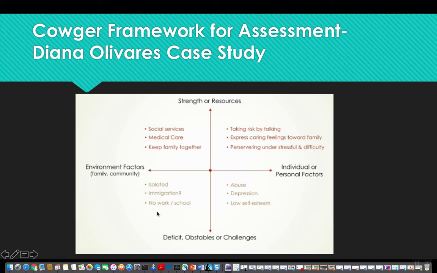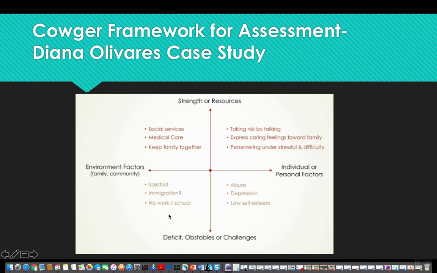Under quadrant three, with negative environmental factors, we see that she is experiencing isolation. We don't know whether she's an undocumented immigrant. That would be a negative factor in reporting domestic abuse. She doesn't have employment, and she did not graduate from high school, so she doesn't have a lot of job opportunities.